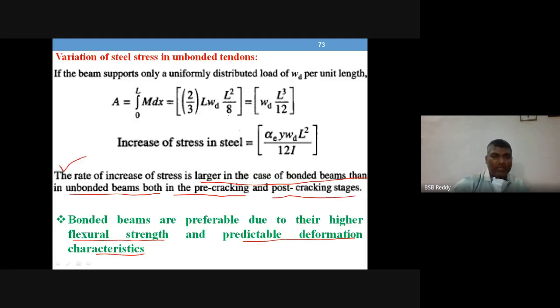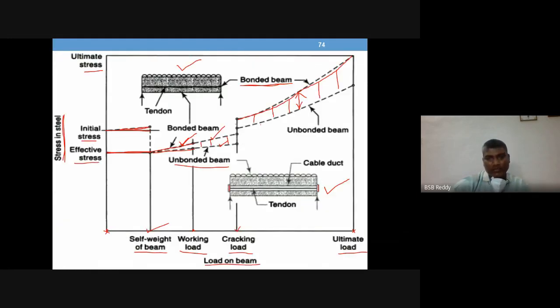So this statement is clearly observed with the diagram. Okay, the rate of increase of stress is larger in case of bonded beams than in unbonded beams, both in pre-cracking, pre-cracking in the sense this stage, post-cracking means this one.